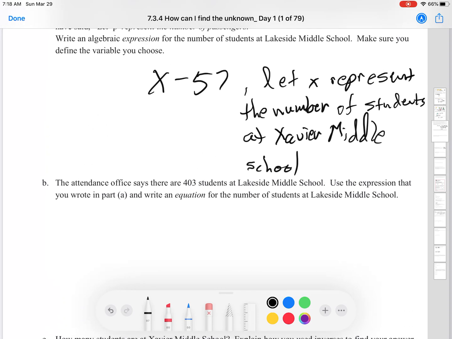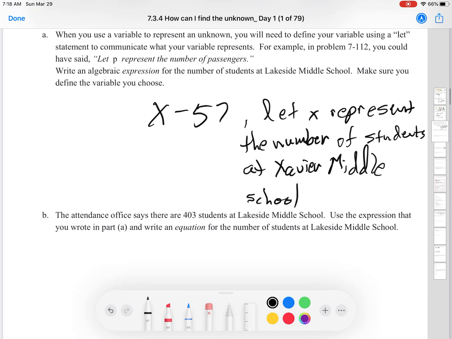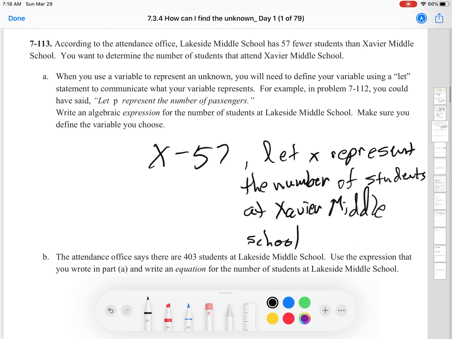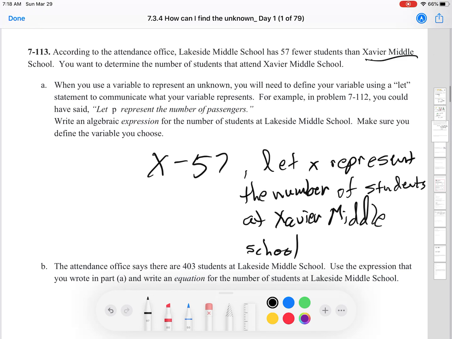So x minus 57, if x is the number of students at Xavier. Lakeside Middle School has 57 fewer students than Xavier. That means Xavier has more. So Xavier minus the 57 is what Lakeside would be.